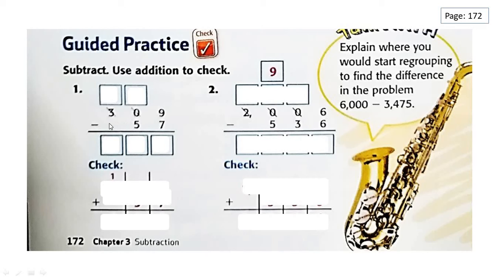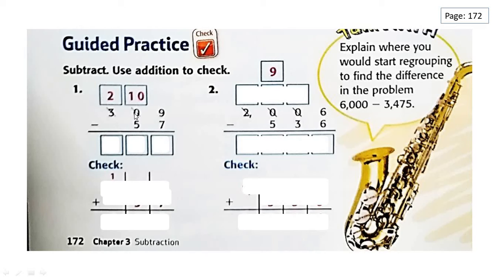Question number 1. We have 309 minus 57. Again, we will start with ones, so 9 minus 7 equals 2. Simply, we can subtract them because 9 is more than 7, and we will get 2.